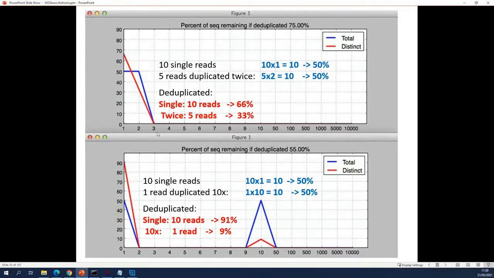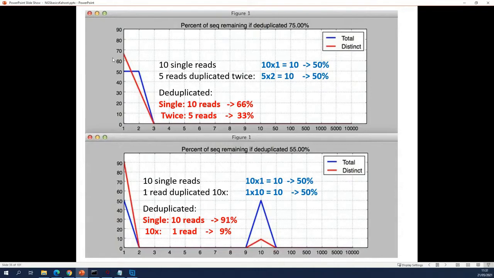And that's the red line that you see here. So blue is the percentages before deduplication, and red are the percentages after deduplication. So on the x-axis you see how many times they are occurring. So once, twice, 3 times, 4 times, and so on. And here you see the percentages on the y-axis.